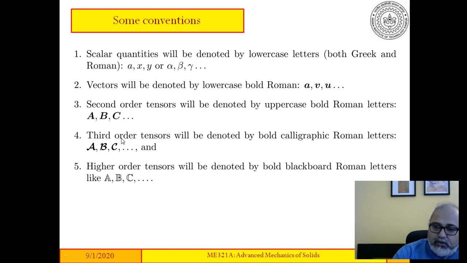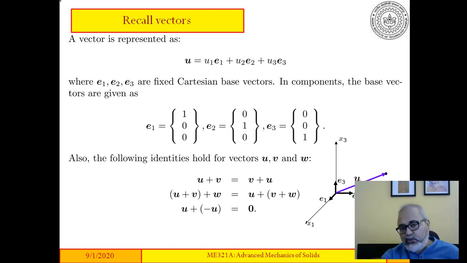Third order tensors, we don't encounter that much in this course, and whenever we encounter them, if we encounter them at all, they will be denoted by these fancy capital letters. And this is known as a blackboard font. We will be dealing with fourth order tensors quite a bit, so they will be denoted by this blackboard font in capitals ABC. I might forget to remind you every time what is what, so I would urge you to remember this.